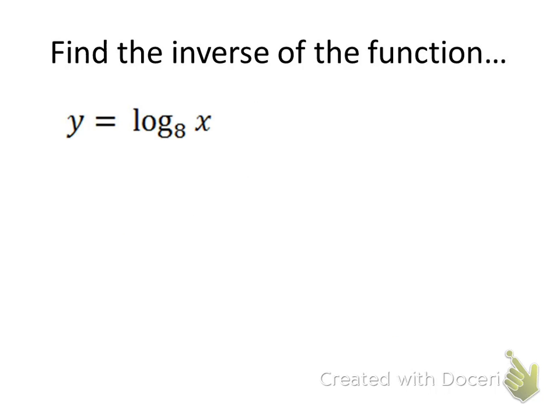So let's talk a little bit about what is the inverse of a logarithm. To find the inverse, last chapter we would switch the domain and the range. To solve for y, I have to get rid of this function log base 8. In order to be left with y, I would need an exponential of log base 8.